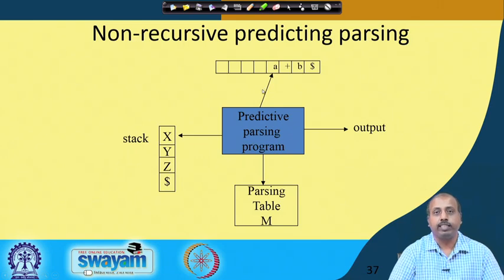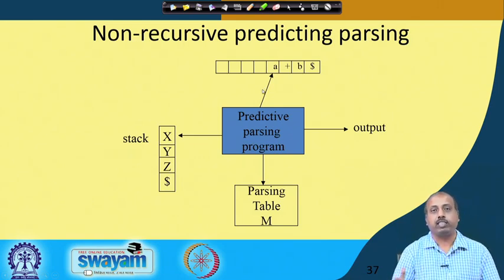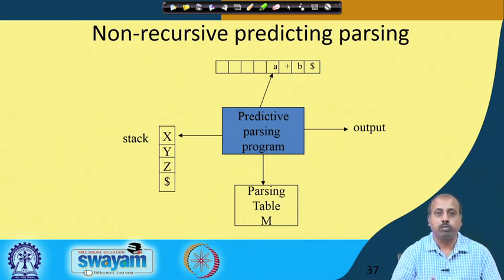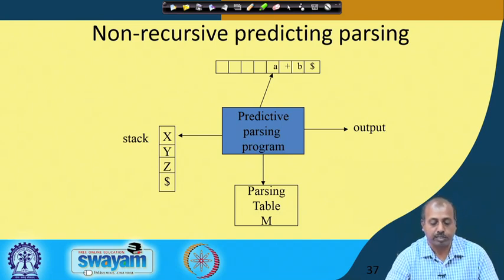There is a match between what we expect, which is available in the stack, and what we actually get on the input string. Since these two match, we consume that input, take the symbol out of the stack, and advance the parsing process.